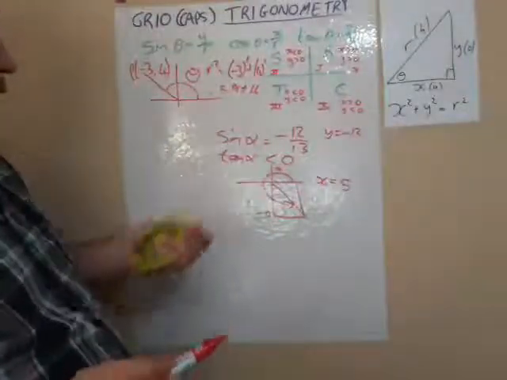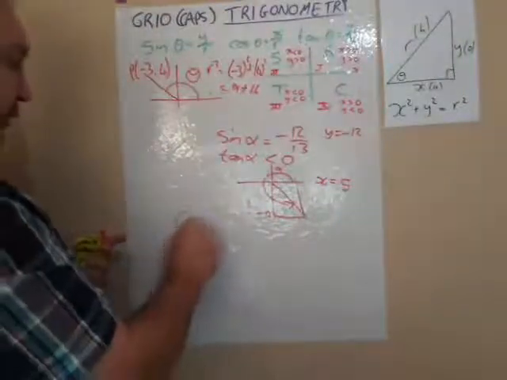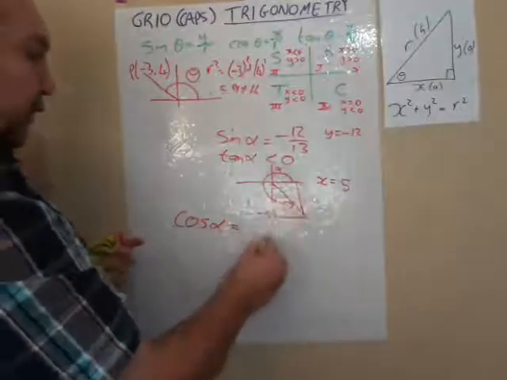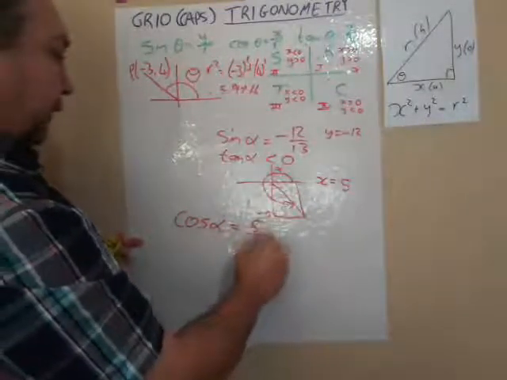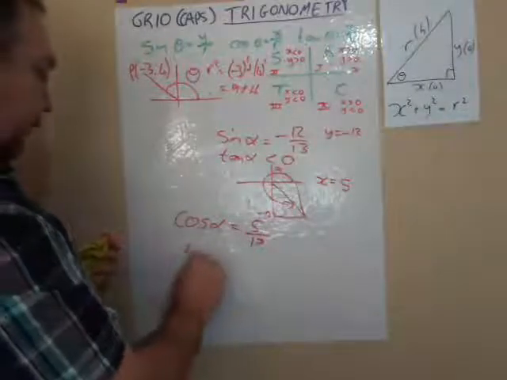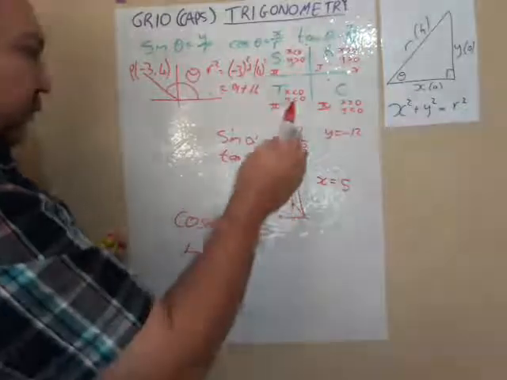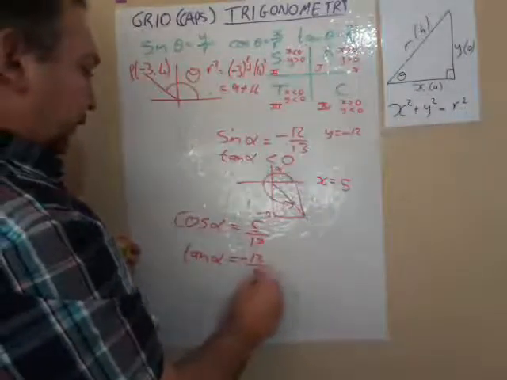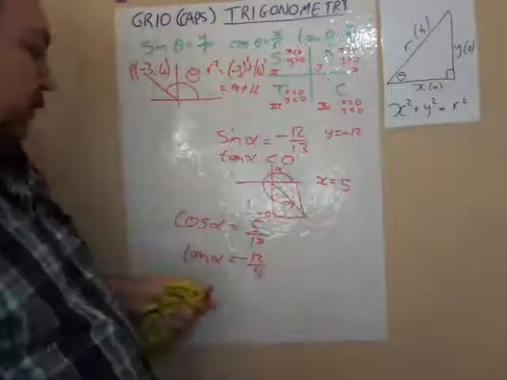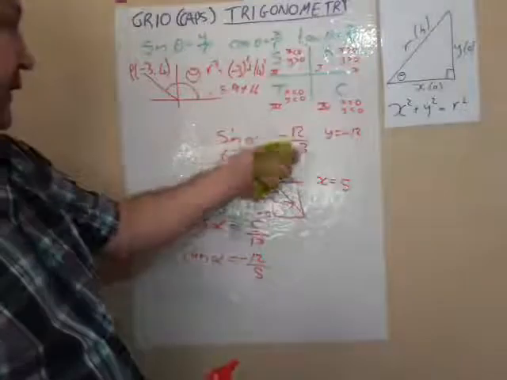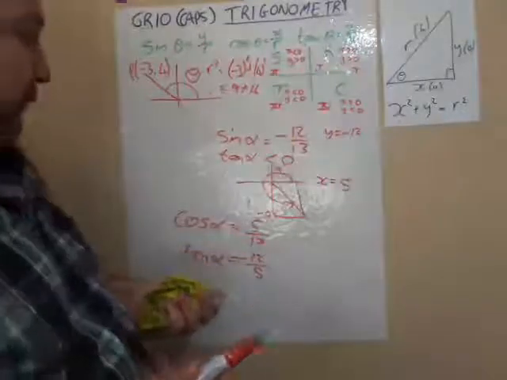We've got sin already, so we can work out cos of alpha, which is x over r, which will be 5 over 13. And tan of alpha will be y over x, which will be minus 12 over 5. So we have cos positive here, which is as expected, and tan and sin are both negative.